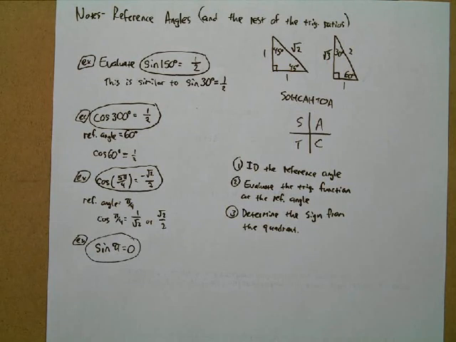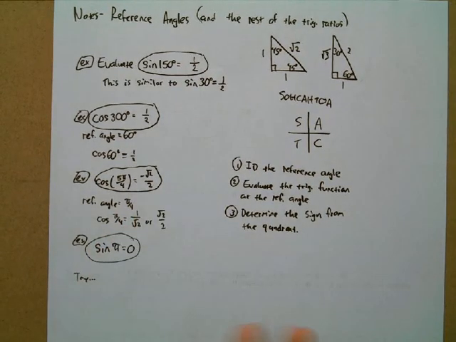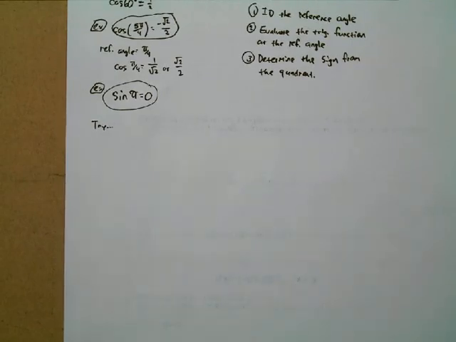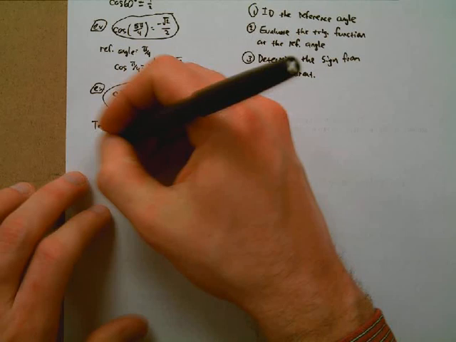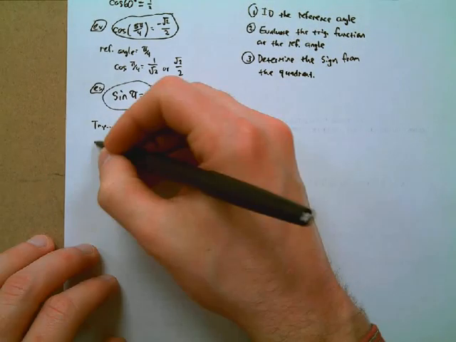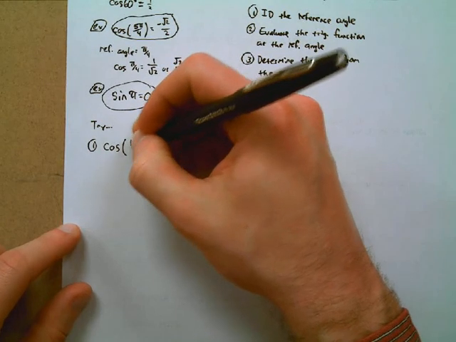Okay. So let's try some more here. You guys are going to try some. Evaluate these to see how we do. Let's have you do cosine of 11 pi over 6 and sine of 3 pi over 2.